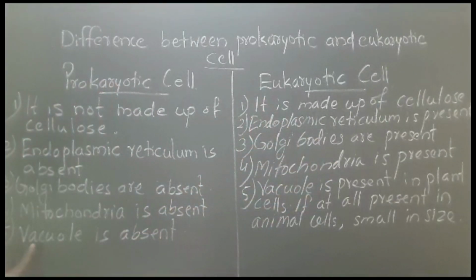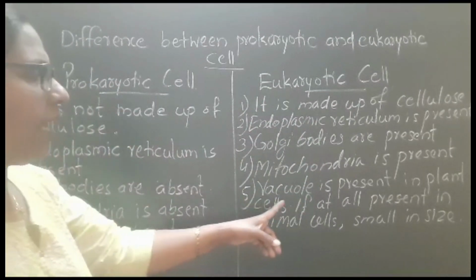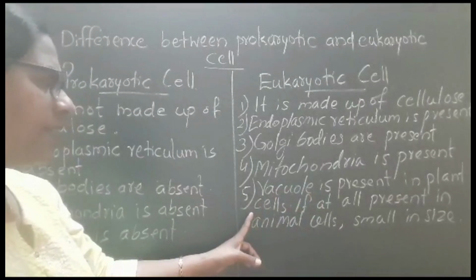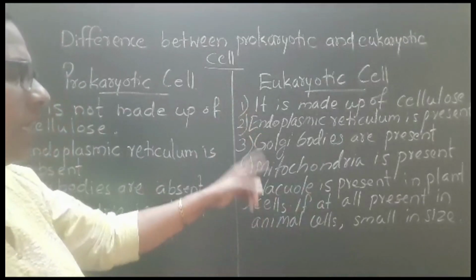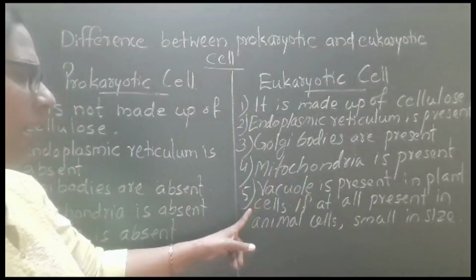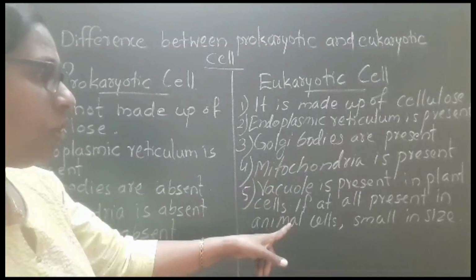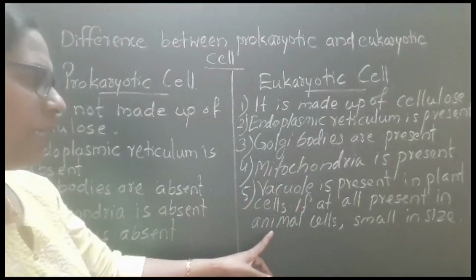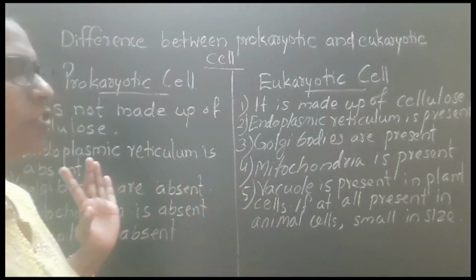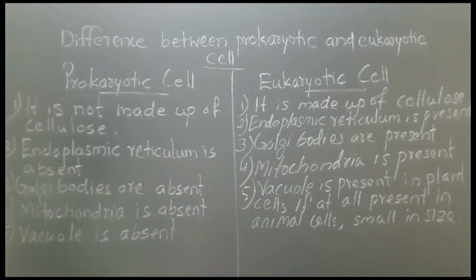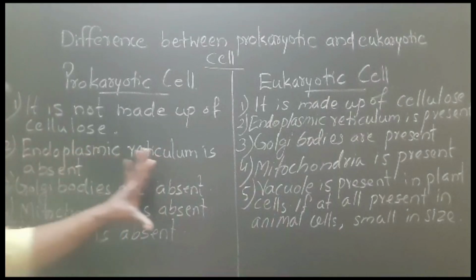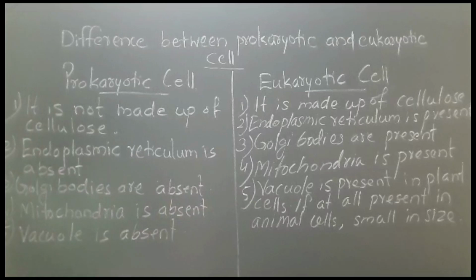Fifth point, vacuole is absent in prokaryotic cell, whereas in eukaryotic cell, vacuole is present in plant cells. If at all present in animal cells, it is small in size. These are the differences between prokaryotic cell and eukaryotic cell.